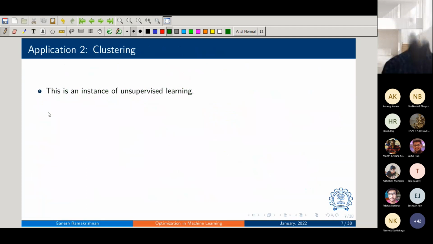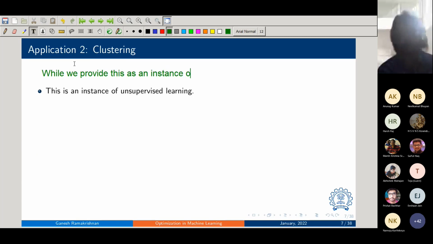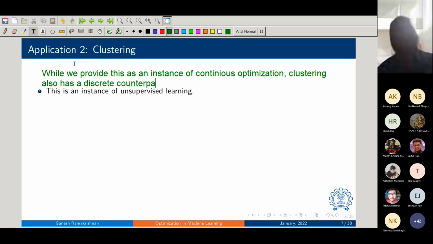So the second application is clustering. Now we're giving this as an instance of continuous optimization. But this will also be treated in discrete optimization. In fact, even some of the algorithms we will discuss will have the discrete part inherently.